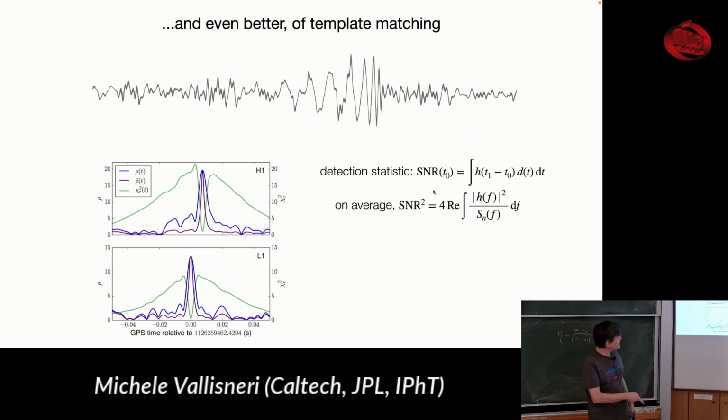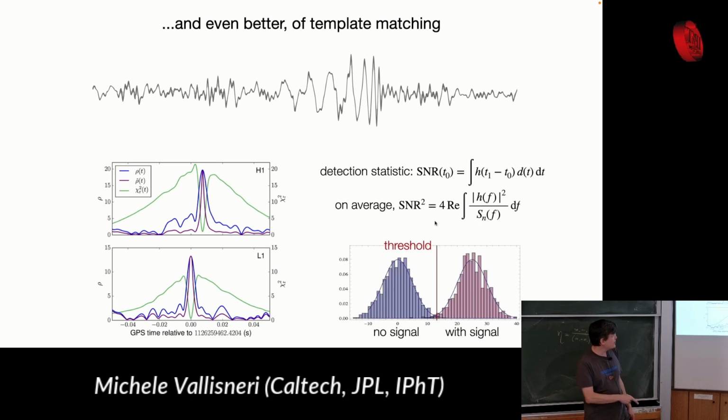And so you'd build a detection, you call it now a detection statistic, the product of two these things, which remember comes from the weight in the data. You can find out on average what you're going to get over noise realizations, and you call that the optimal signal to noise. And you see it's a power integral of the signal alone. If I compute this detection statistic by sliding my signal against the data, when there's no signal, I'm going to get 0 on average with some spread.